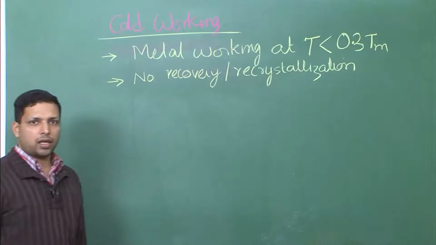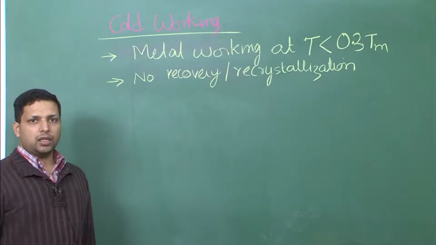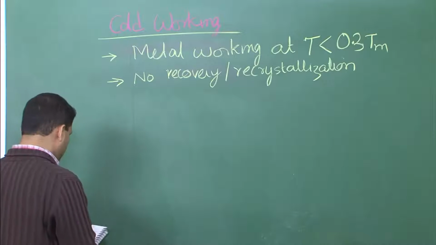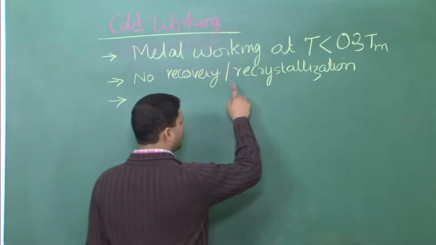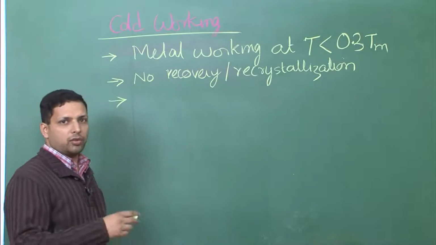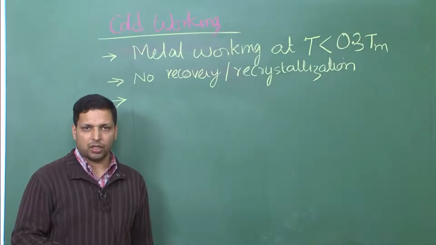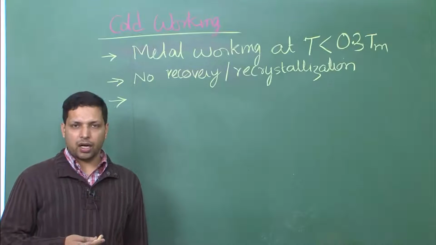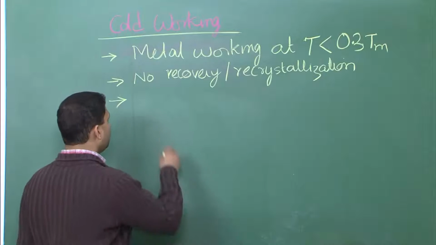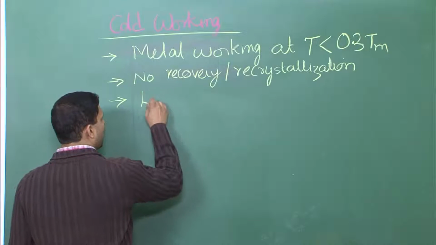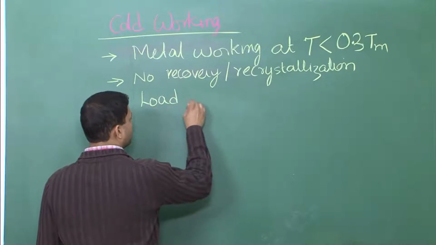So, that is one characteristic of cold working. That would mean that when you are doing the deformation, the material is getting work hardened and therefore more and more stress is required. So, the load requirements are high.